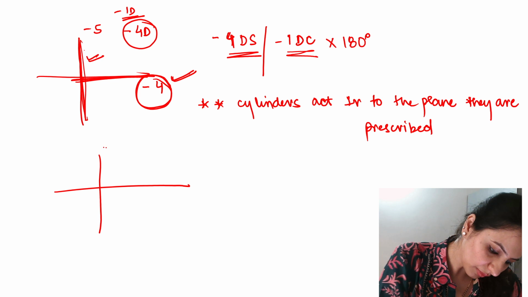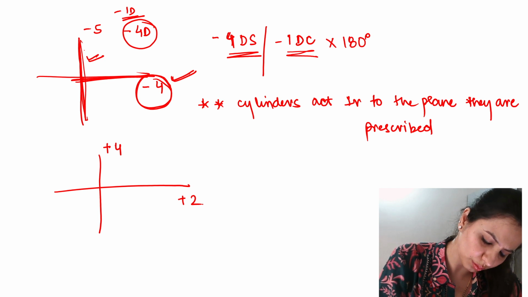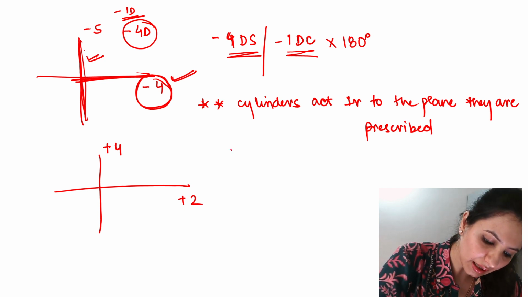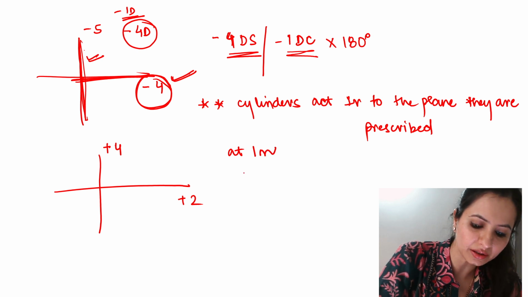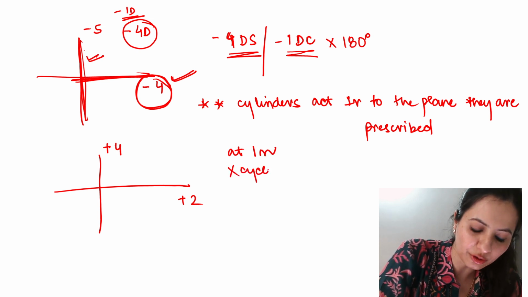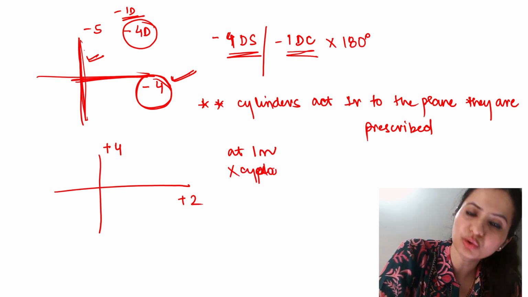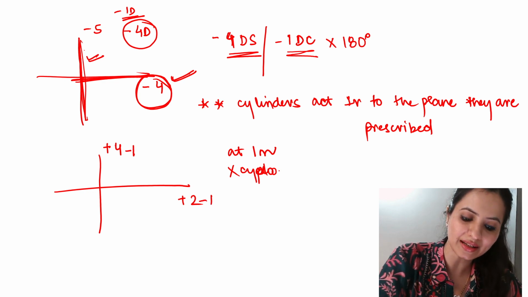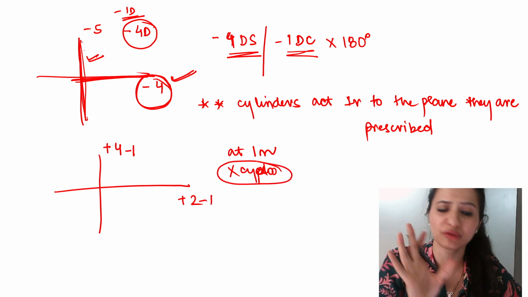So we'll take it as +4 and +2. Okay, so this was done at a distance of 1 meter, and there was no cycloplegic that was used. Okay, so we just have to subtract 1 for the distance, and since no cycloplegic was used, we don't have to subtract anything.